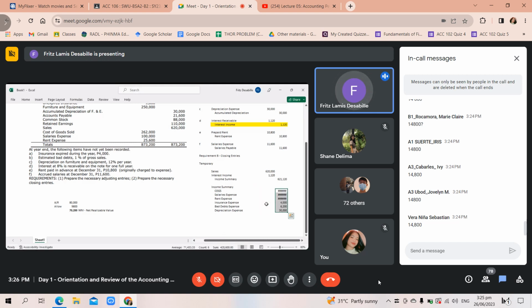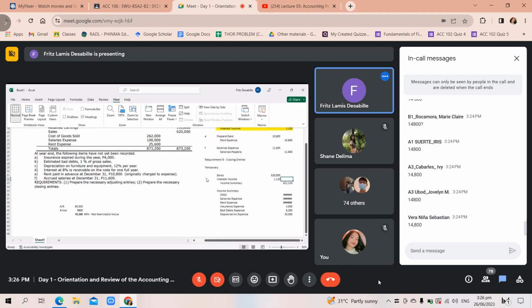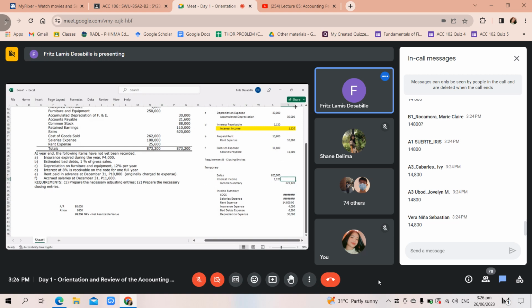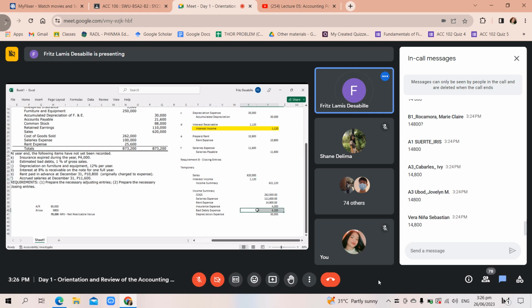How much should we debit to income summary? 1,116, 262, 36,2, 14,800, 462.